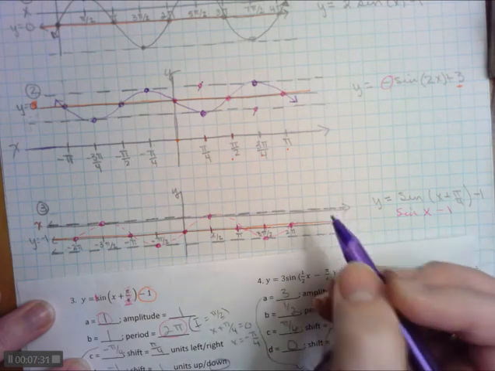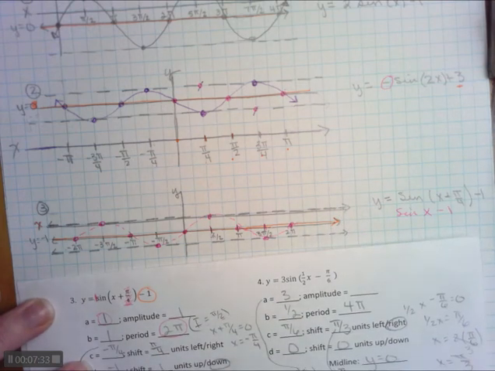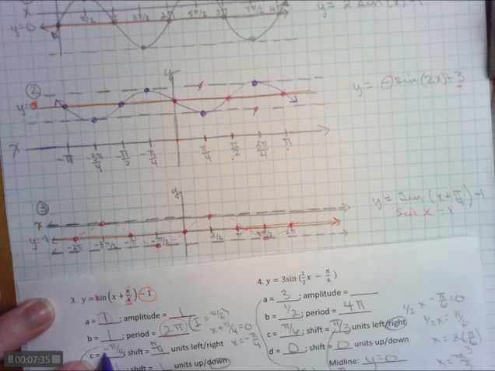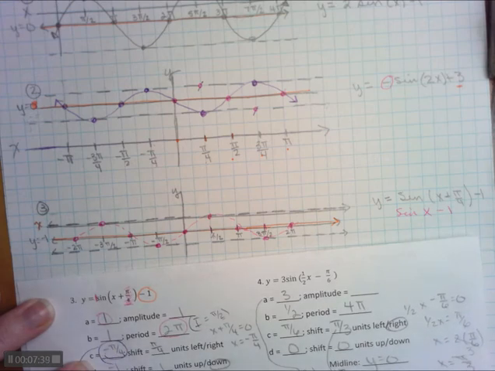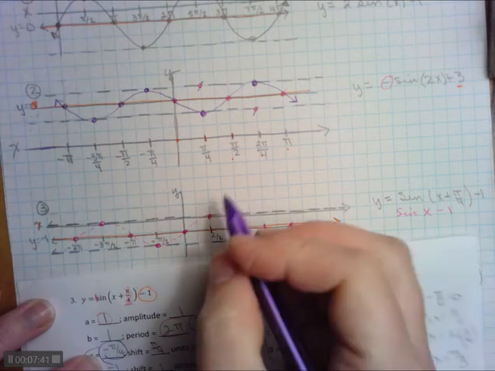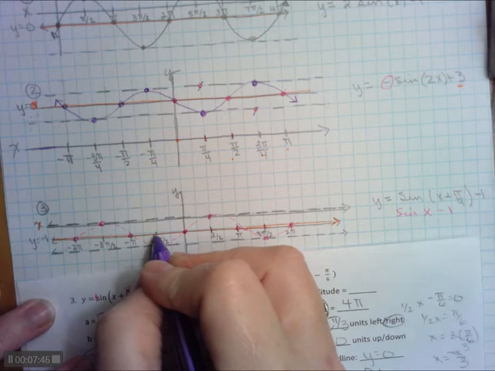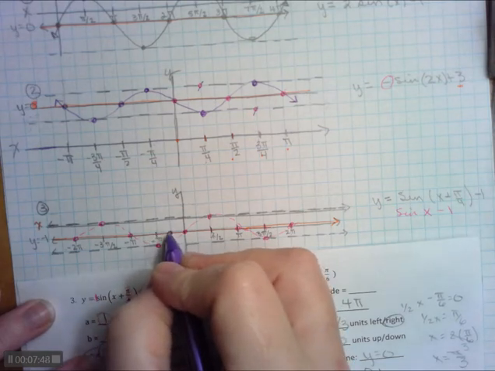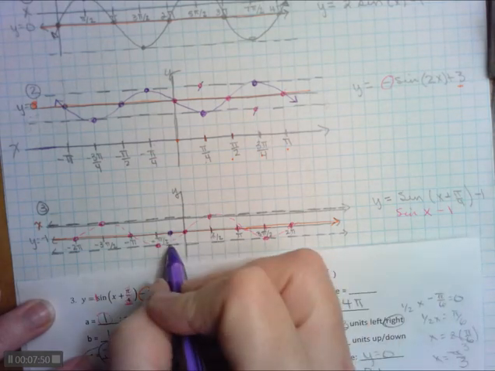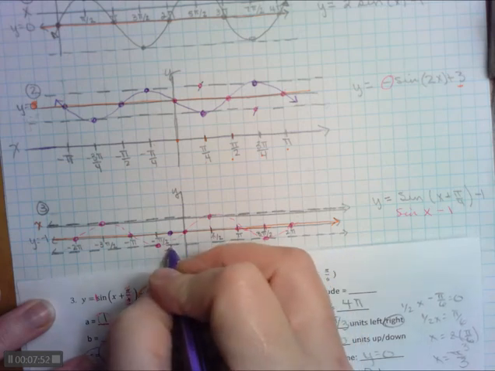I'm going to take the purple and I'm going to say this guy has a shift right here. It has a shift of negative pi over 4. So to go negative pi over 4, this is at pi over 2. Here is negative pi over 4 because pi over 4 is halfway between.